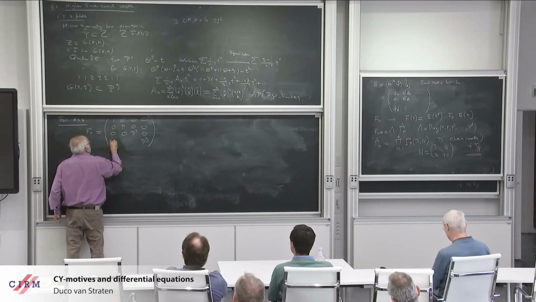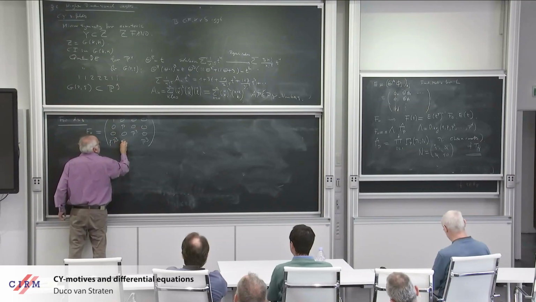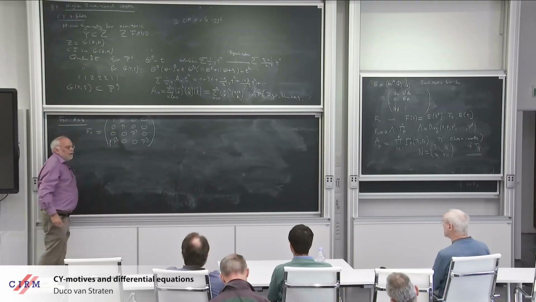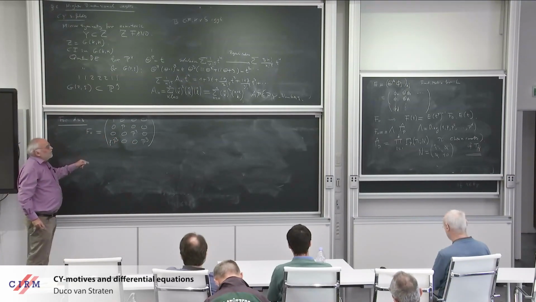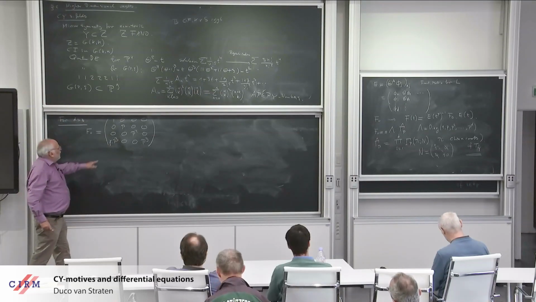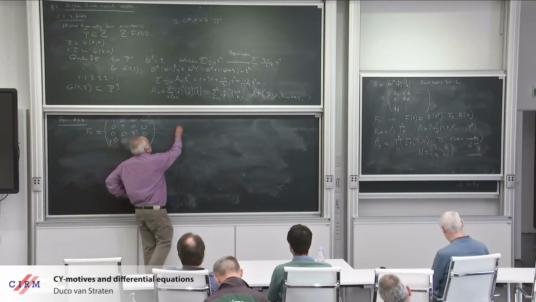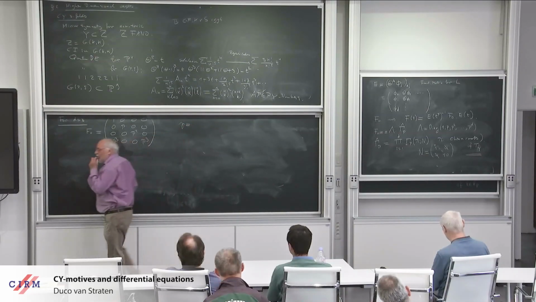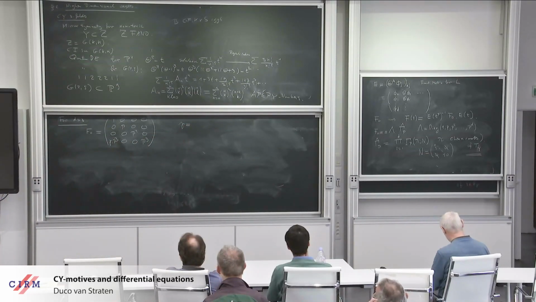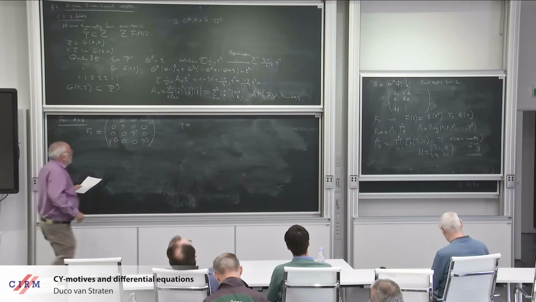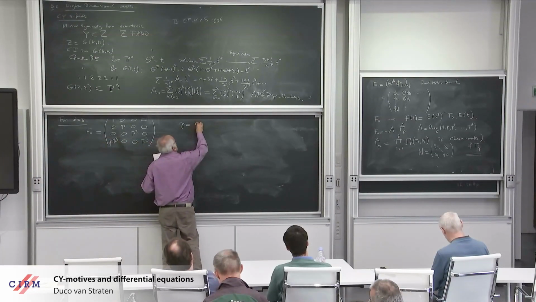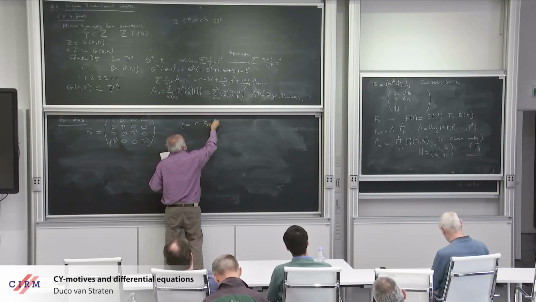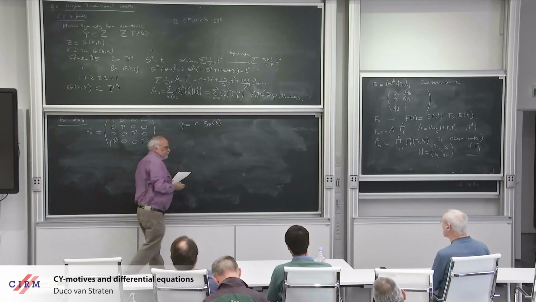And here there is a number, and gamma is a rational multiple times p-adic zeta 3.